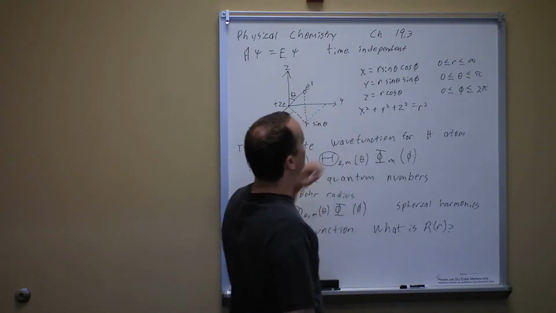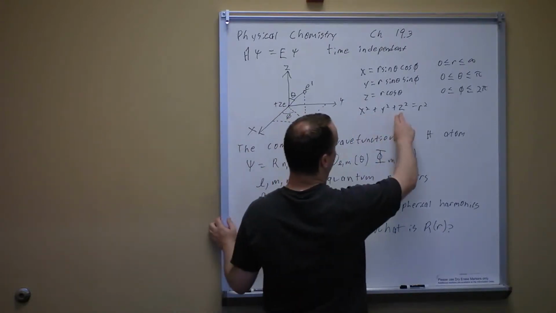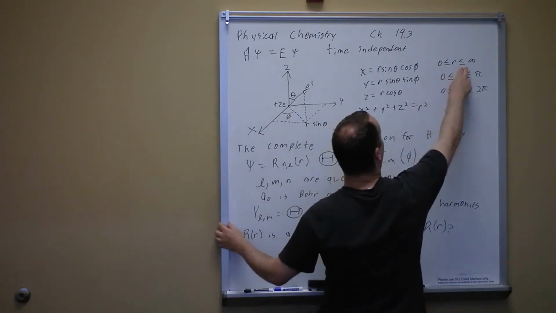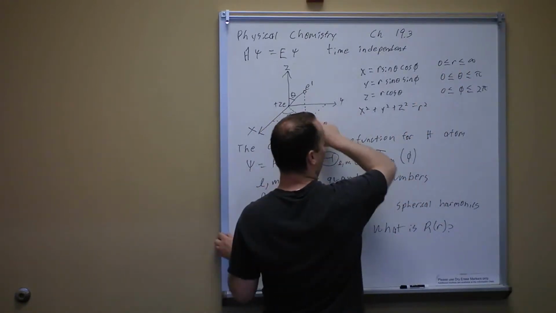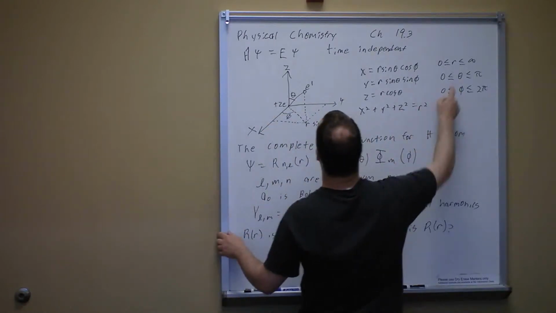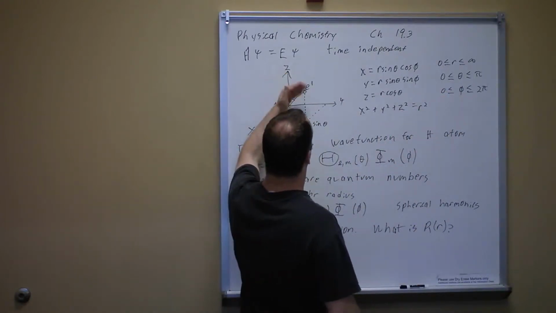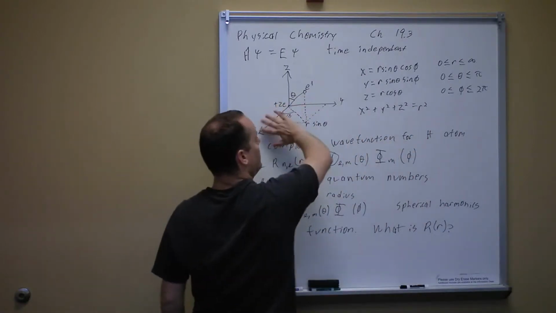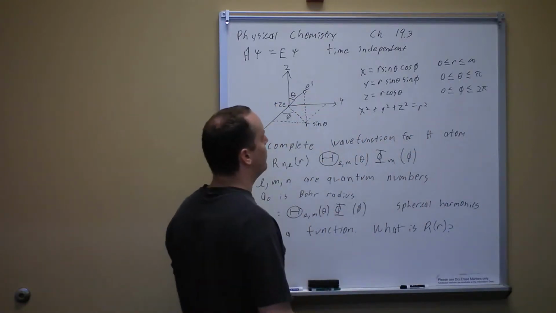And of course, using the Pythagorean theorem twice, you get x squared plus y squared plus z squared is equal to r squared. Now remember, r can be anything from 0 to infinity. By using this system, theta can only be from 0 to pi. But then phi, you can totally rotate around, so that can be anything from 0 to 2 pi.